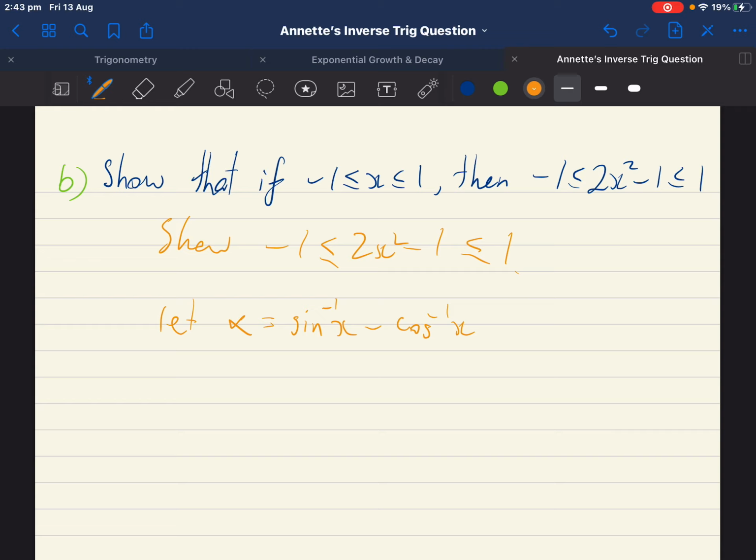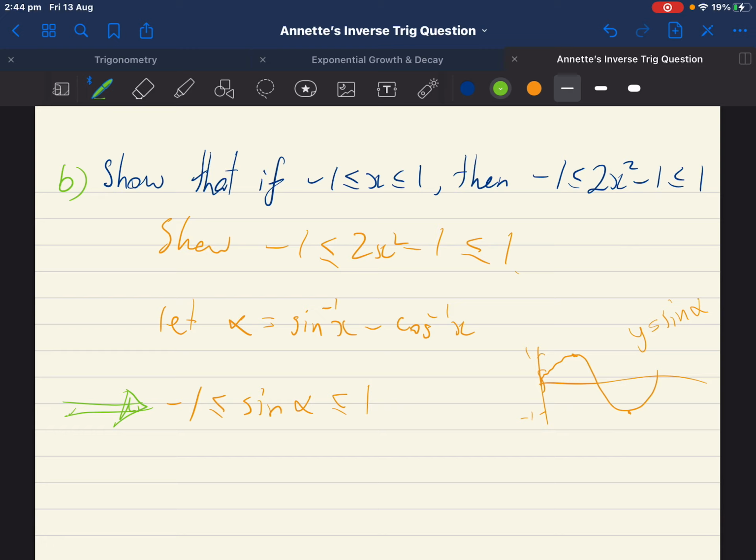Now we know from the sine graph, if you just have a regular good old-fashioned sine graph, what does sine oscillate between? 1 and minus 1. We know that if you have sine of some angle, any angle really, it'll always be somewhere between minus 1 and 1. And of course, I'm including the equals because it does actually reach and equal minus 1 and 1 on occasion. So this is really the official start of the proof.